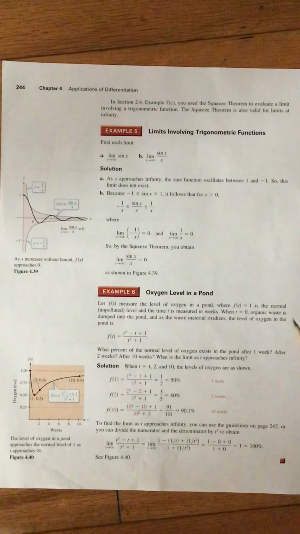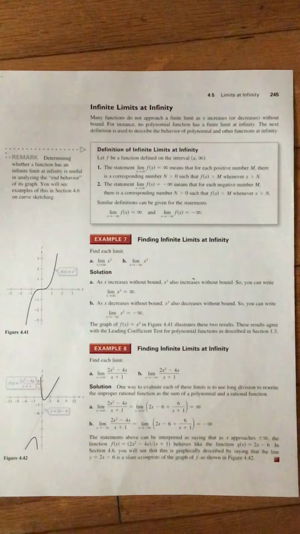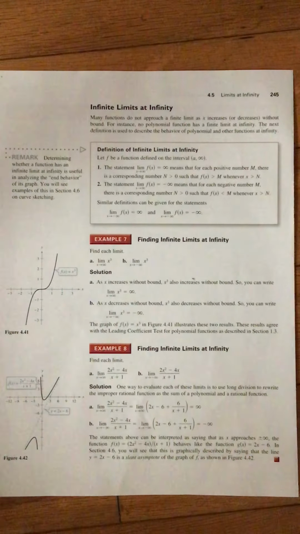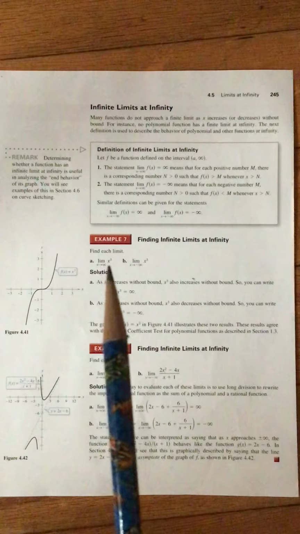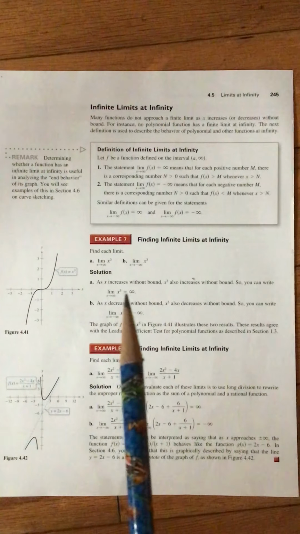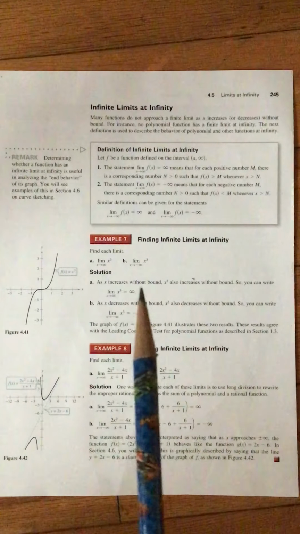And so limits at infinity. That's what this section is talking about. Trying to find out what is going on and trying to figure out the limit. Now, when we say that, for instance, the limit as x approaches infinity of x cubed, well, that's going to be infinity. What that means is that the function is increasing without bound.